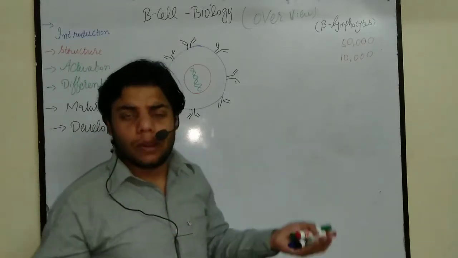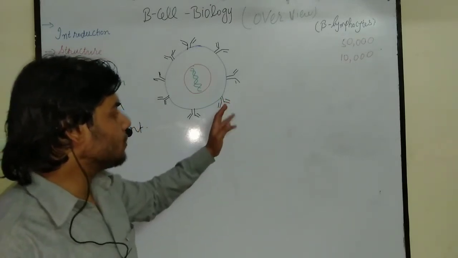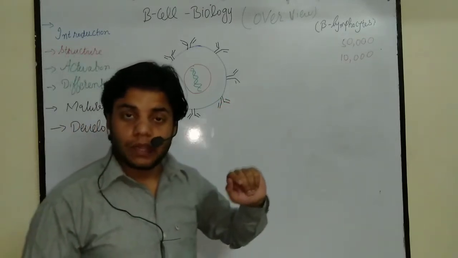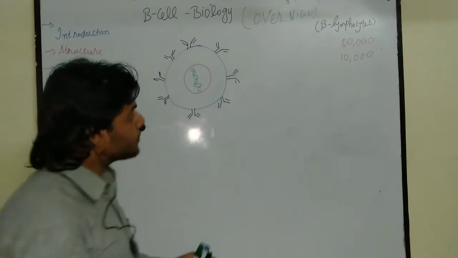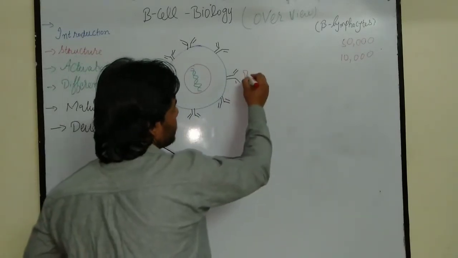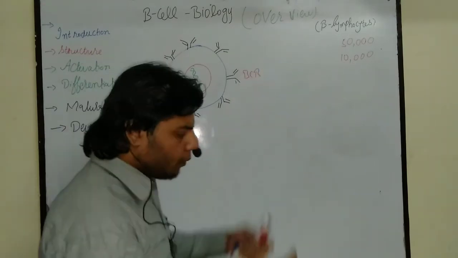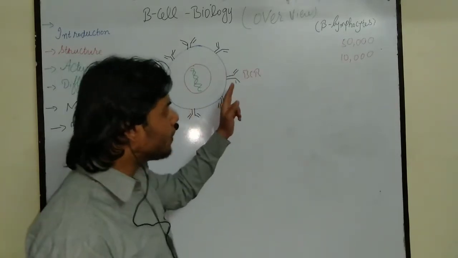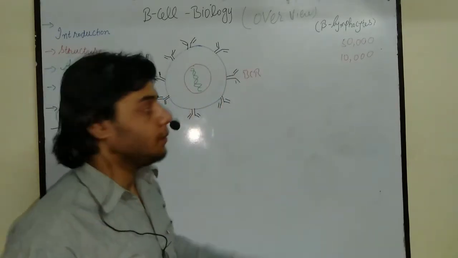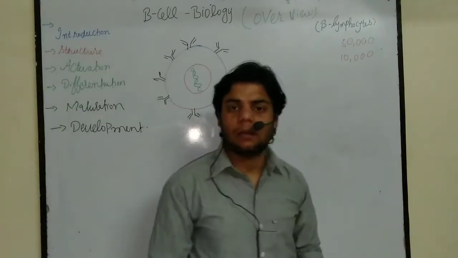There are thousands of microbes which are surrounding us, and all these microbes are recognized by the B cell receptor, because there are different types of B cell receptor on the surface. On the other hand, this B cell receptor, let me write BCR, is also called membrane-bound immunoglobulin. Why? Because it is similar to immunoglobulin, meaning antibody. Okay, so this is a little bit about the BCR, the B cell receptor.